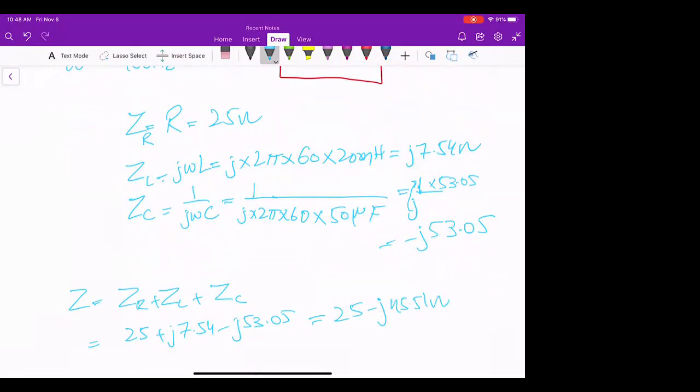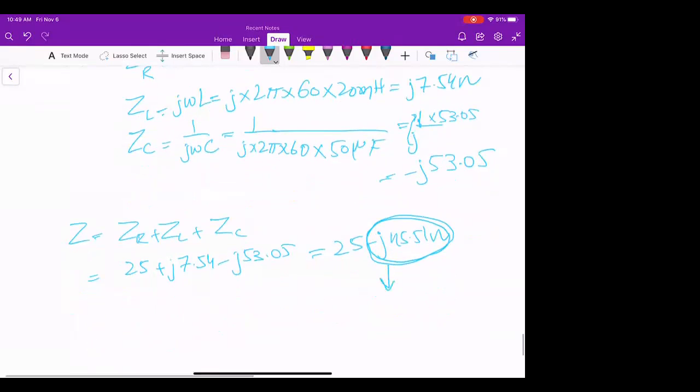Now, the very, very important point here is that you have seen that if there is an inductor, your reactance will be positive, and if there is a capacitor, your reactance will be negative.